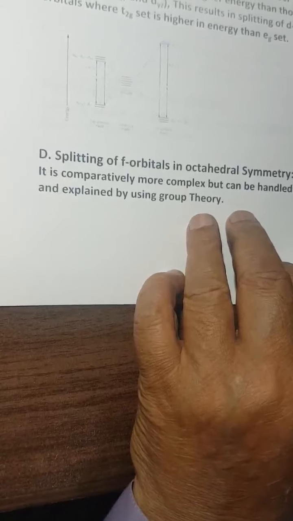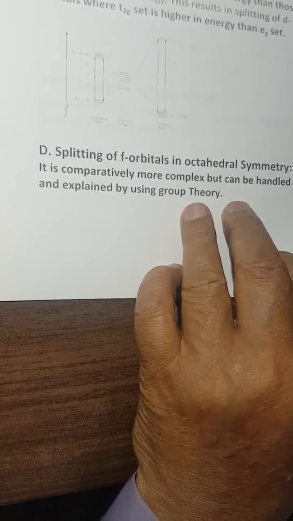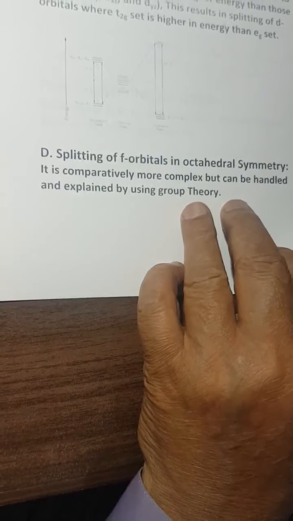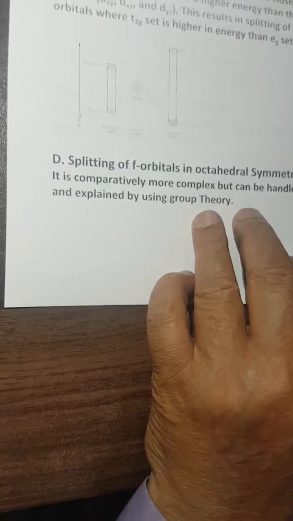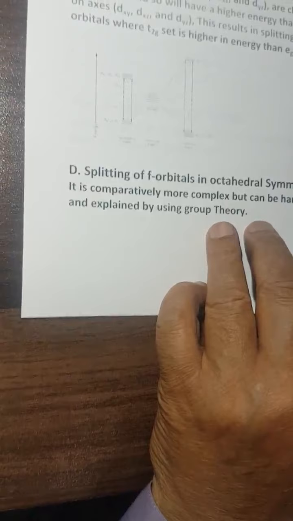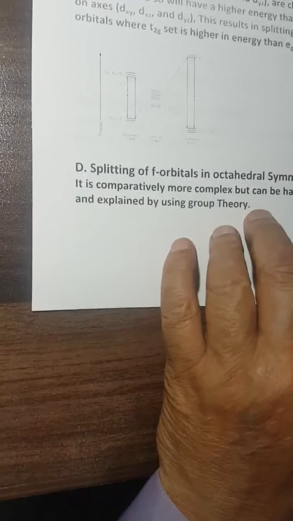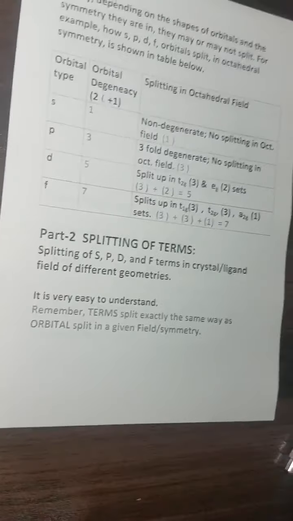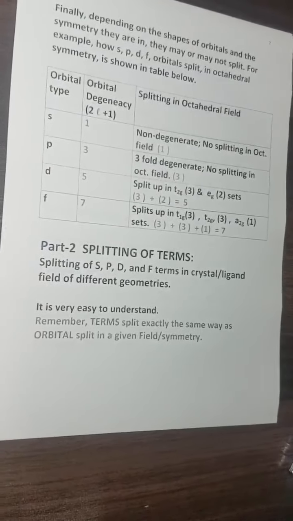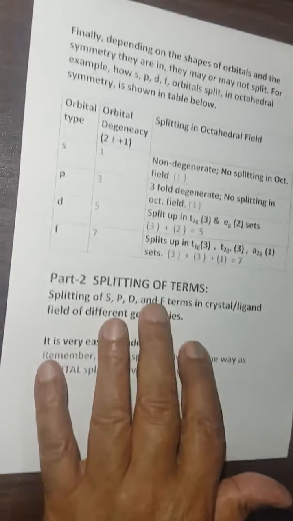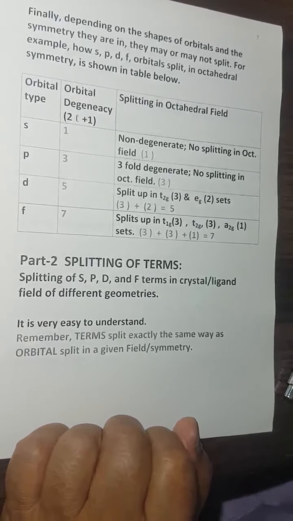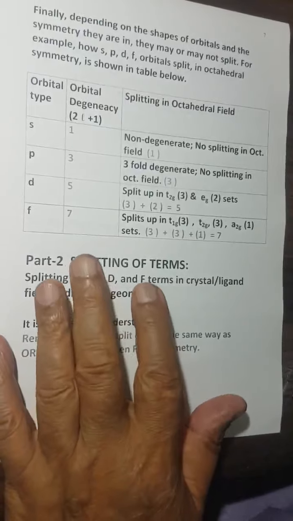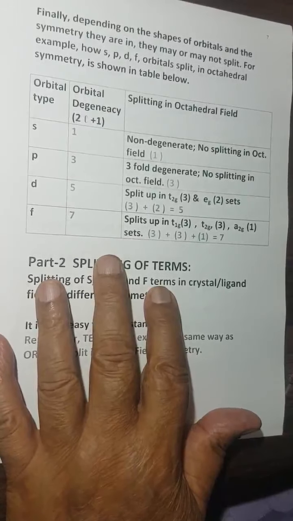Note, I have not taught you group theory yet, and it may be somewhat difficult to explain it here, but there is a simple way. Whatever S, P, D and F orbitals, they split.